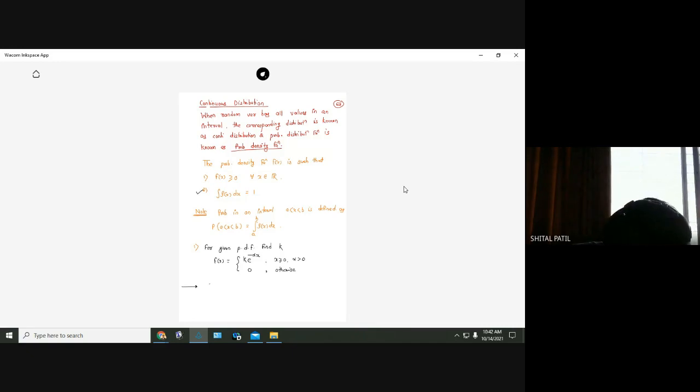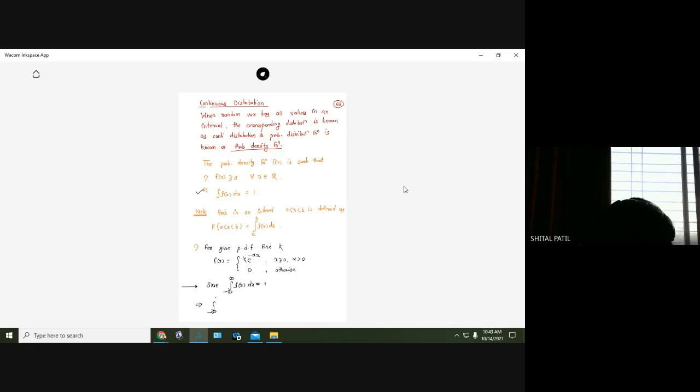Since integration of f of x dx equal to 1 over the interval minus infinity to plus infinity, let me divide the interval in two parts: minus infinity to 0, and then 0 to infinity. And the answer is 1.